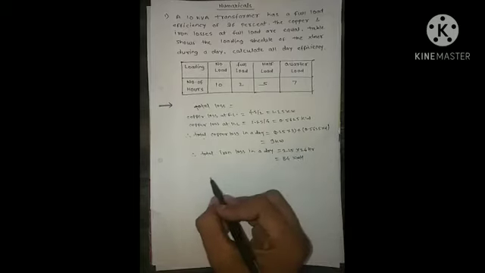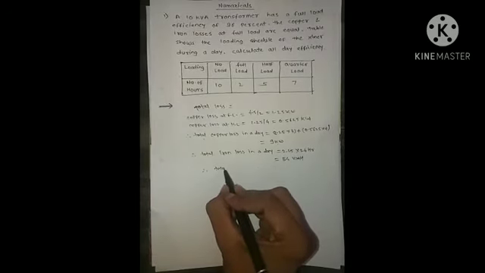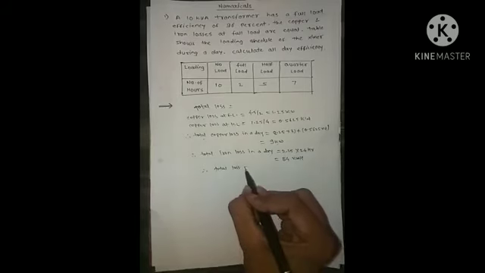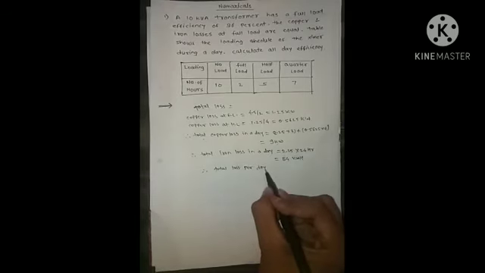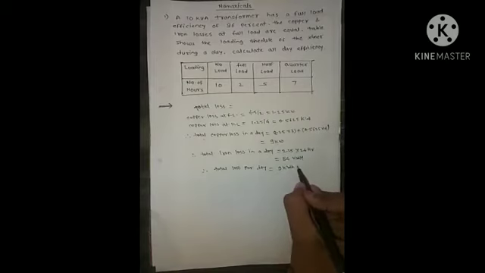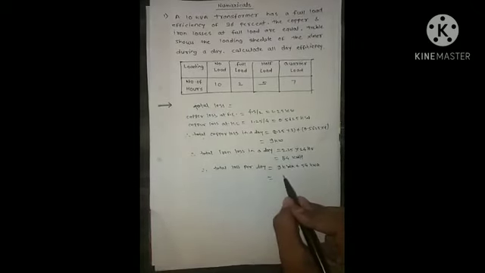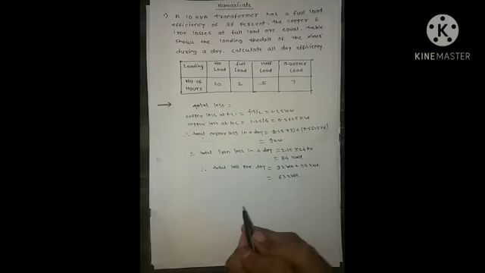Therefore, the total loss per day equals copper loss plus iron loss: 9 kilowatt hour plus 54 kilowatt hour equals 63 kilowatt hours.